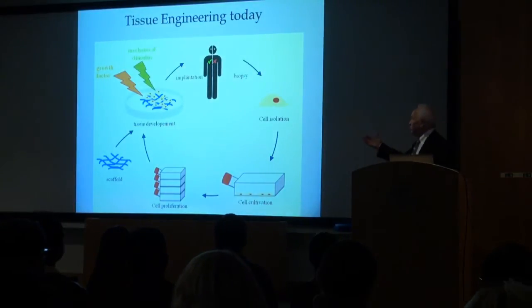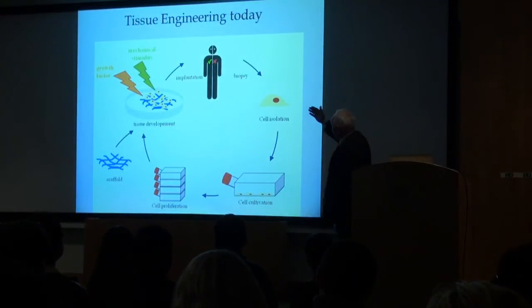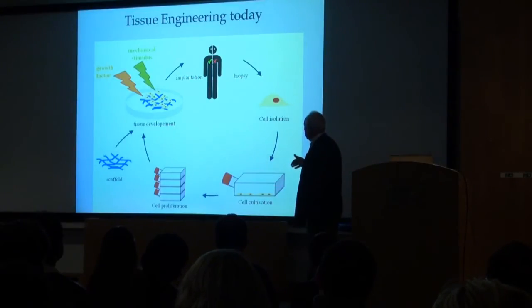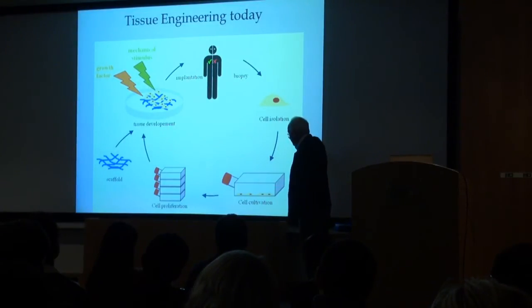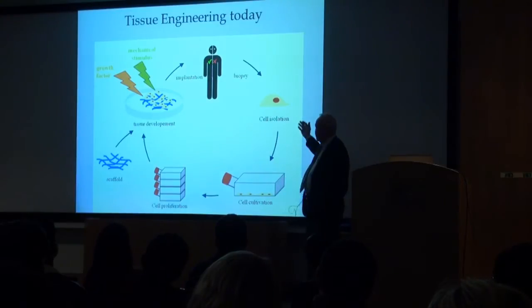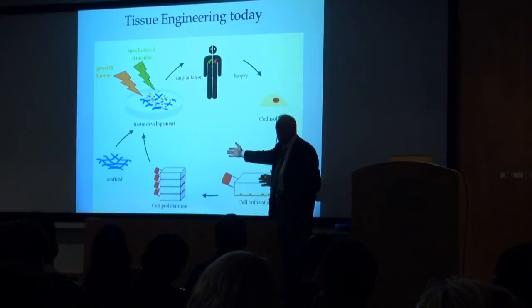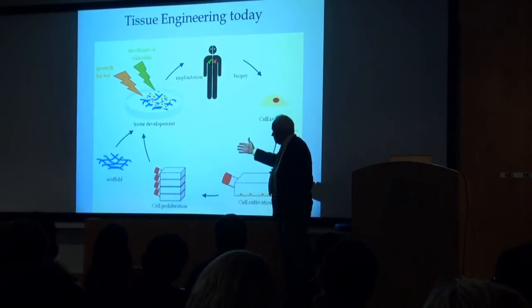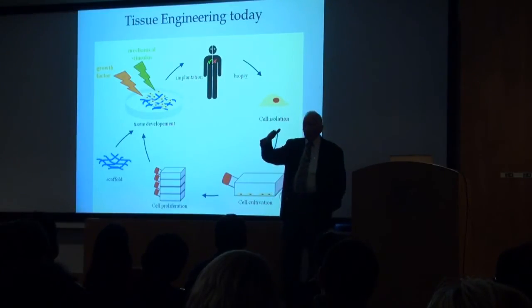This is tissue engineering today. We can take a biopsy, a small piece, for example of cartilage, isolate a few cells, and proliferate them into many cells, into billions of cells. But it's not enough that we have a lot of cells.